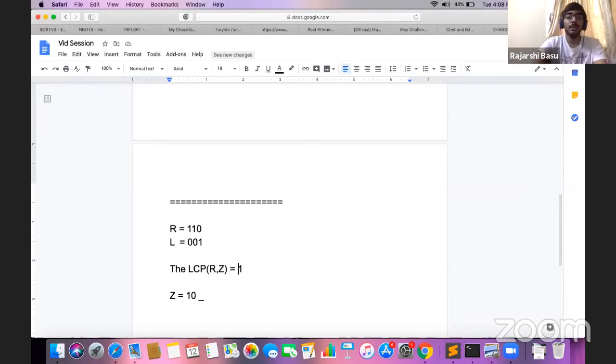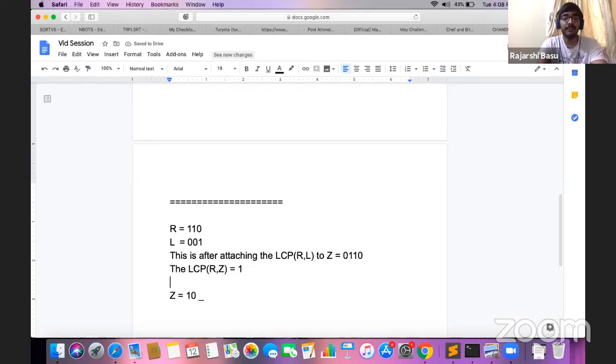This is after attaching the LCP of L to Z. This basically means that after I set Z to 0, 1, 1, 0, I am doing everything after this. We have already done this, right? We cannot do anything here.